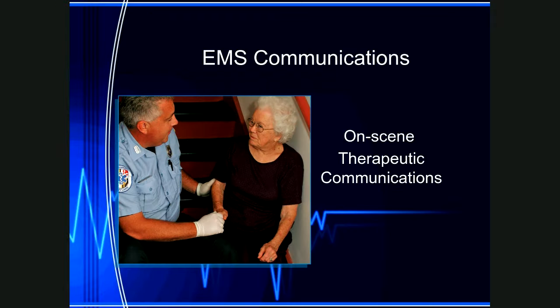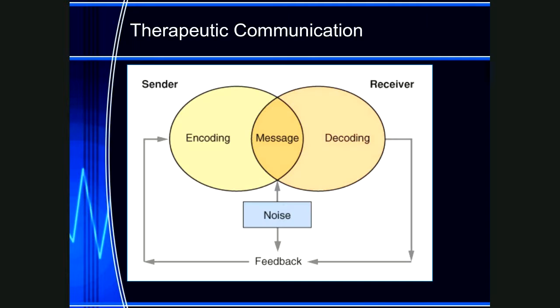Let's talk a little bit about on-scene therapeutic communication. It's really, really simple. This whole therapeutic communication model revolves around the sender taking a thought. They have to encode that thought into a message.